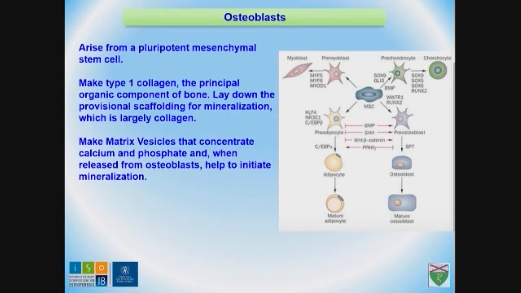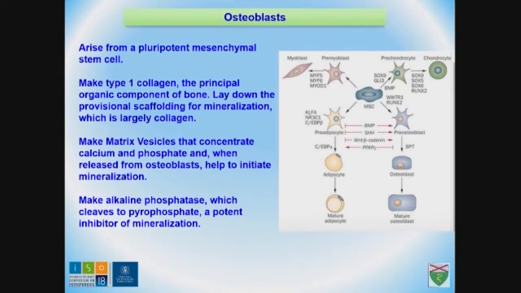They make matrix vesicles that are highly concentrated in calcium and phosphate that they extrude into the extracellular space and initiate the process of mineralization. So they're like masons. They put down the initial framework for the stucco, and then they come in and they actually put the stucco on. So the chicken wire mesh is the proteinaceous scaffolding. The matrix vesicles provide the actual cement that you now put down.